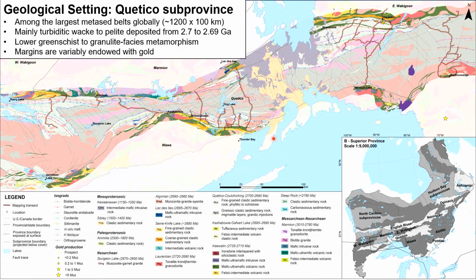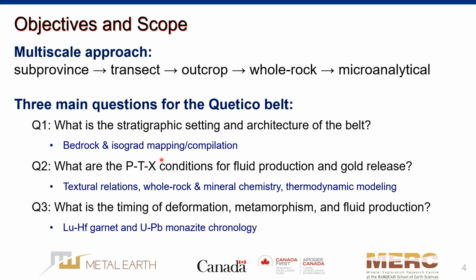Most of the gold in the area is going to be in the Beardmore-Geraldton belt, whereas the western margin in the Thunder Bay area is typically devoid of any major deposits. So the scope here is to go from the big scale all the way down to the micro scale, and to really base everything in petrology and petrochemistry.